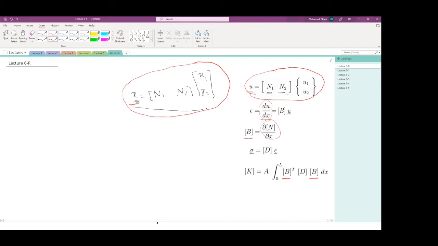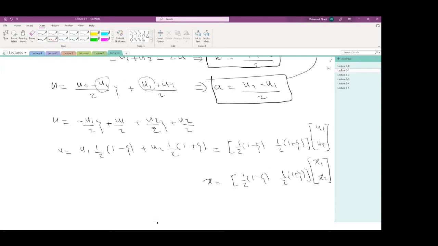So you have the displacement to be the derivative of U. So you have the strain to be the derivative of the displacement with respect to x. Now, if you look into the displacement, you'll see that the displacements are now function of xi, not function of x. So this is something we need to be careful about.